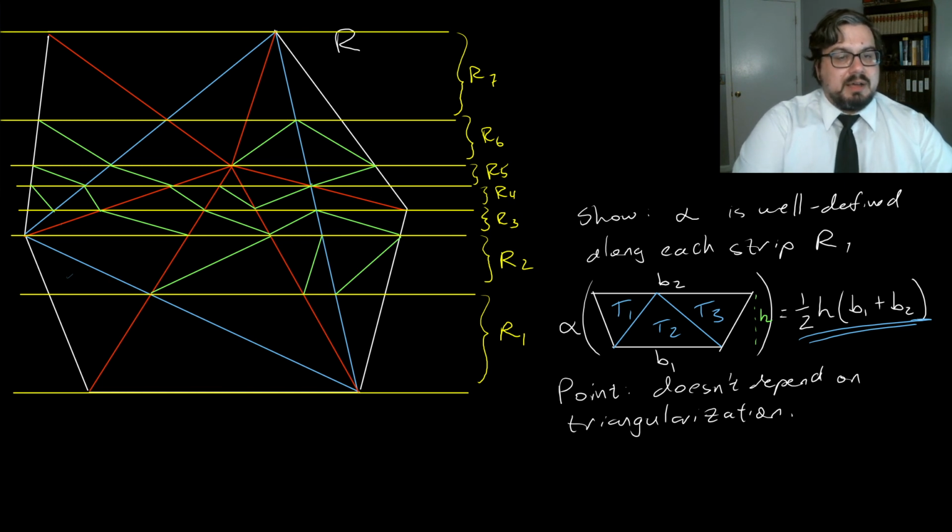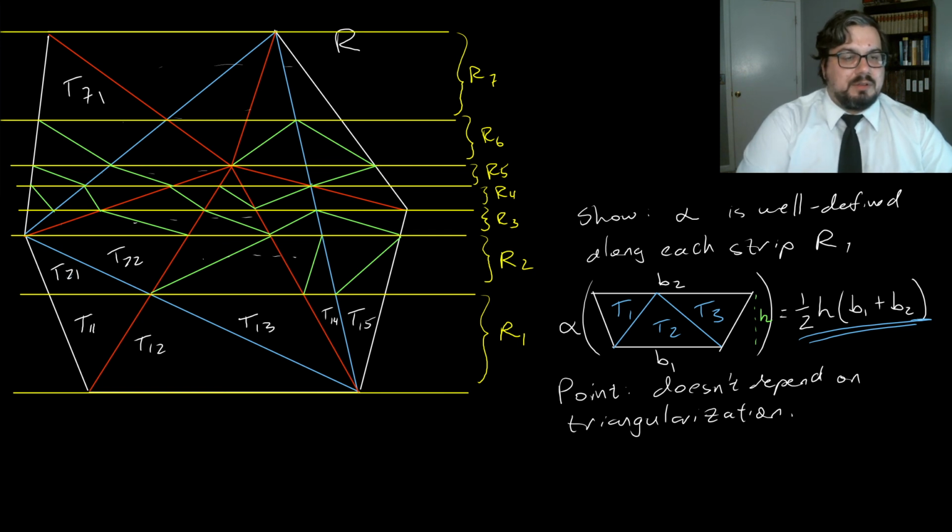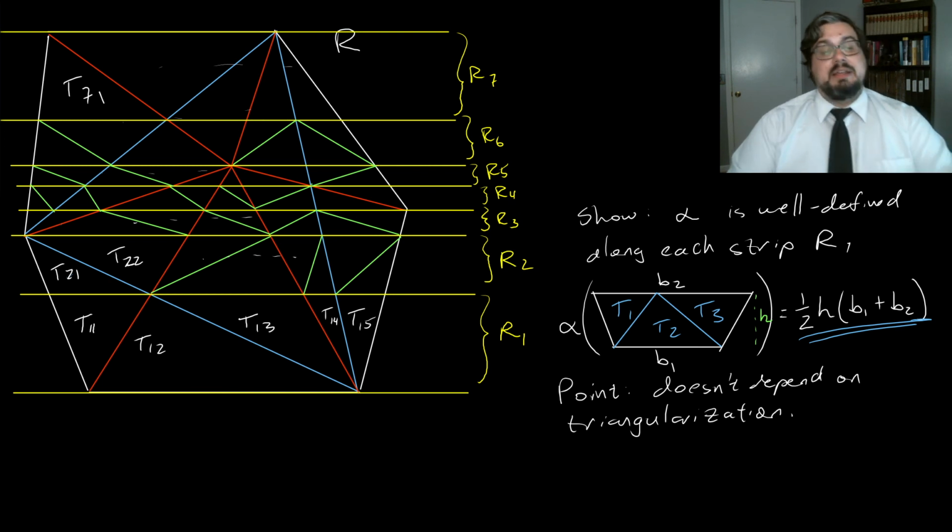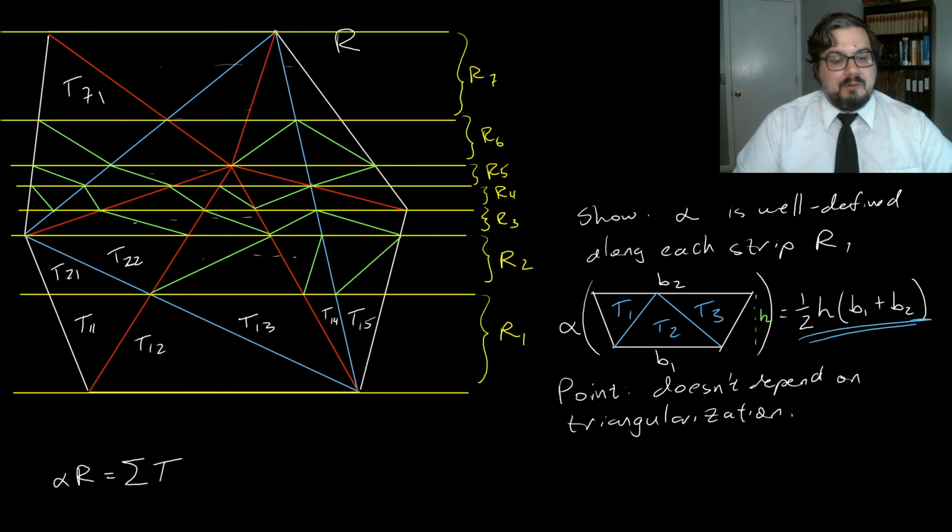And so basically what happens next is that we label all these triangles T11, T12, T13, T14, T15, T21, T22, etc., and we label all the triangles in our big decomposition here. And so essentially what we show is that the area of R is equal to the sum of all the Tij's, all the little triangles inside here.